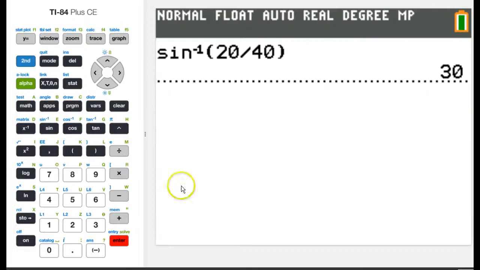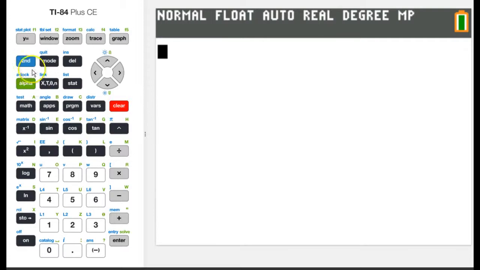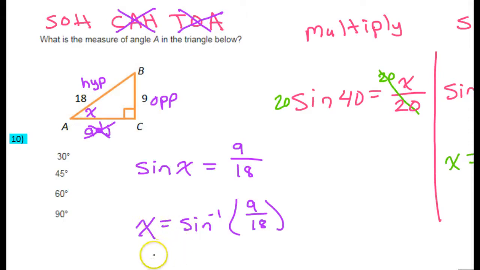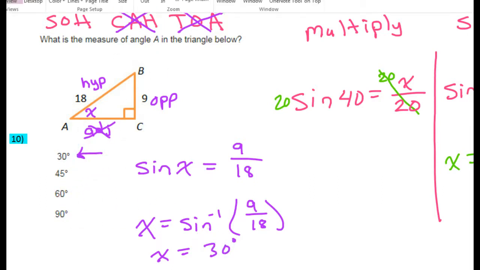I didn't mean to do that, but it's fine. So I will do the inverse sine of 9 divided by 18. And that's going to be 30 degrees again. So that tells me that x is equal to 30 degrees. So this is the answer right here. Let's check it out. Kabam!